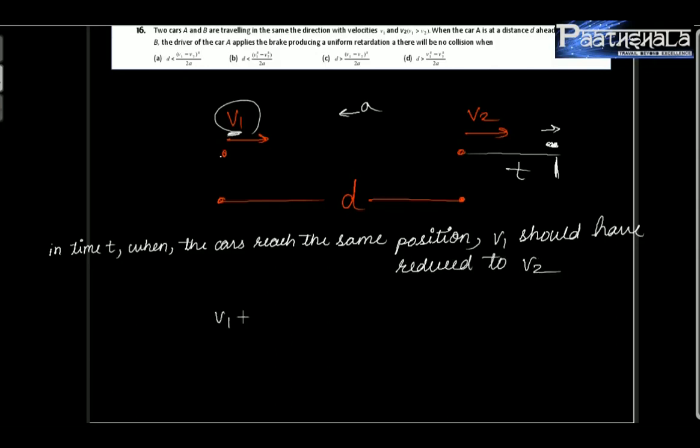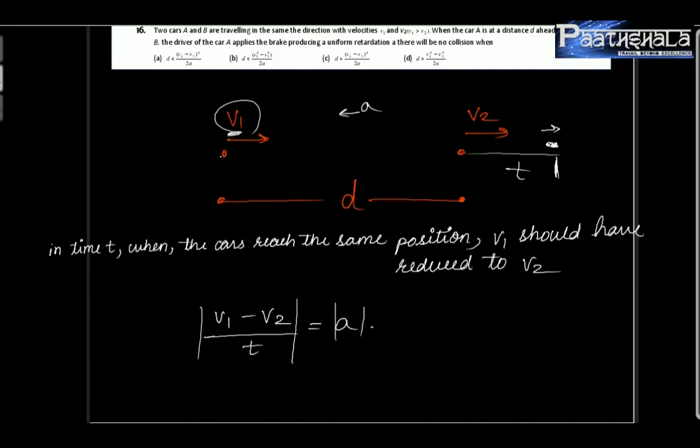So basically V1 minus V2 upon t is equal to acceleration, or retardation you can say. Okay, magnitude we are equating right now.